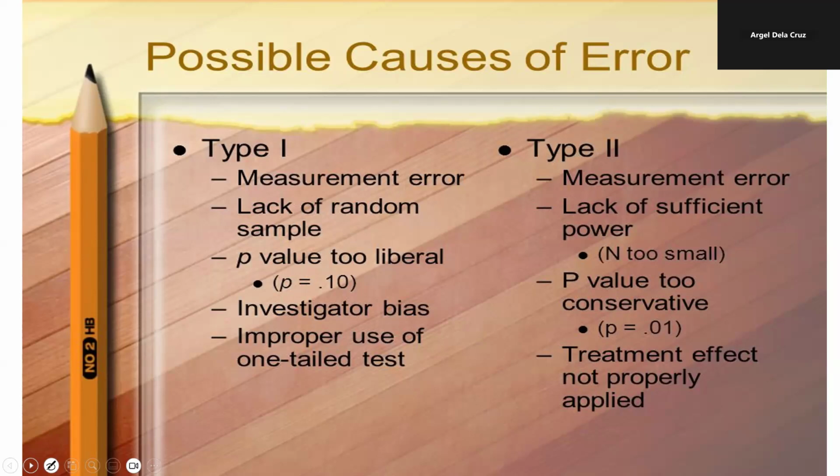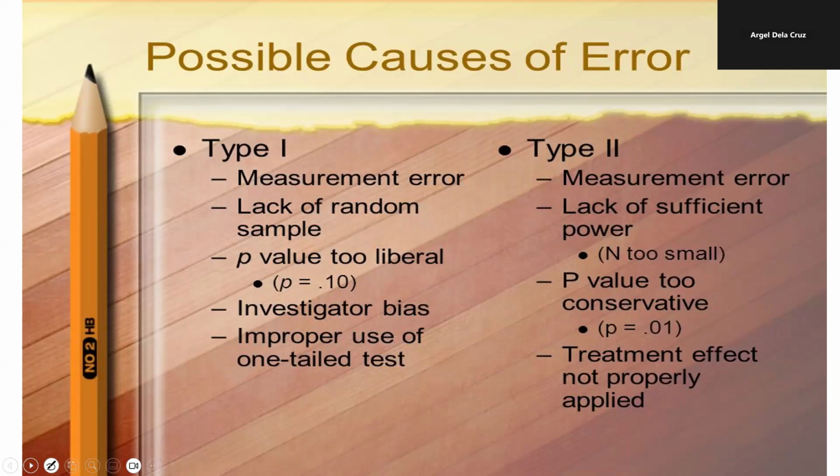That is the drawback of a non-probabilistic sampling technique, because the respondents of your study are geared towards certain characteristics. So it is indeed subject to type 1 error. That is the major drawback of non-probabilistic sampling.